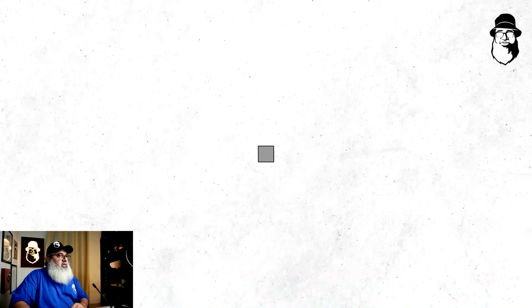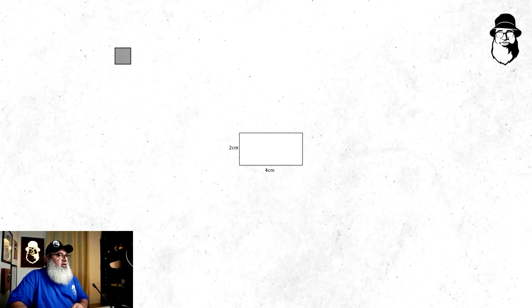This is a square centimeter, so all the sides of the square are 1 centimeter long. The area of a rectangle is the total space inside it, and we can measure that space with square centimeters.